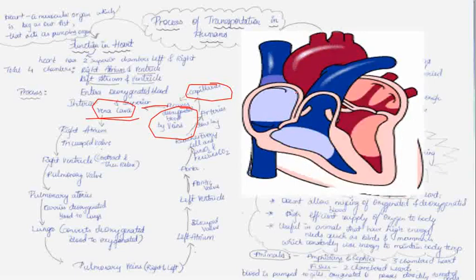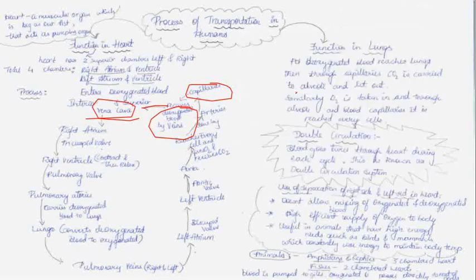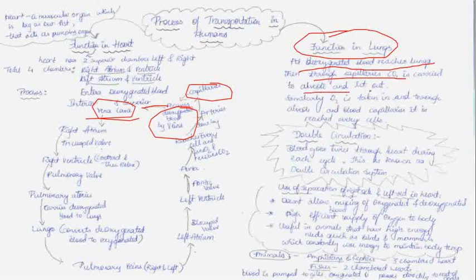So friends, we have completed the transportation system in the heart. Now, how do the lungs function? As deoxygenated blood reaches the lungs, through capillaries CO2 is carried to the alveoli and let out. Assume this is the deoxygenated blood in the capillaries, and here are the alveoli, which are supplied by blood vessels.